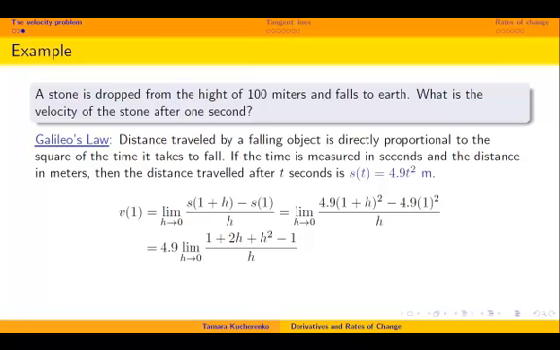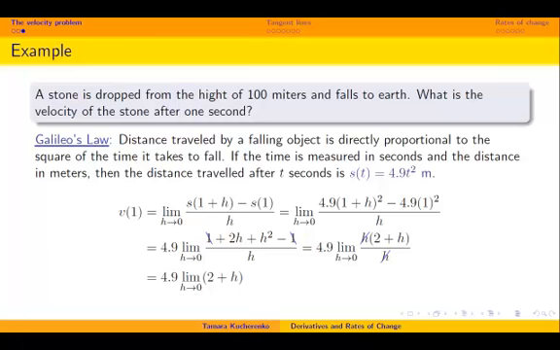1 and negative 1 annihilate each other, which enables us to factor out h in the numerator. We have h times 2 plus h over h. We cancel common term h on top and bottom of our fraction, and get 4.9 times the limit as h approaches 0 of 2 plus h.